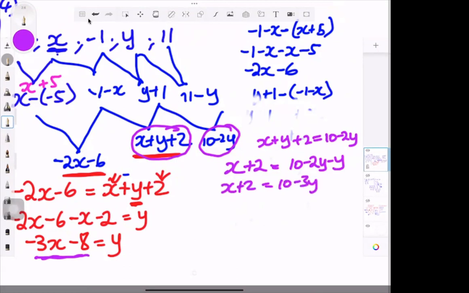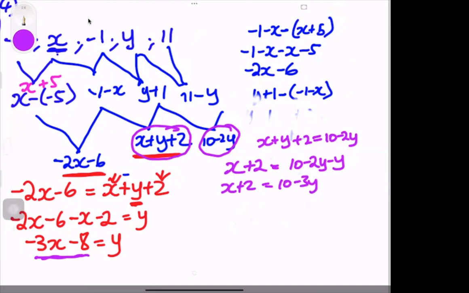Then you're going to go, just waiting for the screen to catch up. You're going to go x plus 2 is equal to 10 minus 3. We know we have 2 equations, right? Equation 1, equation 2, right? Substitute equation 1 in equation 2. So it's simultaneous equation because you're looking for x and y.